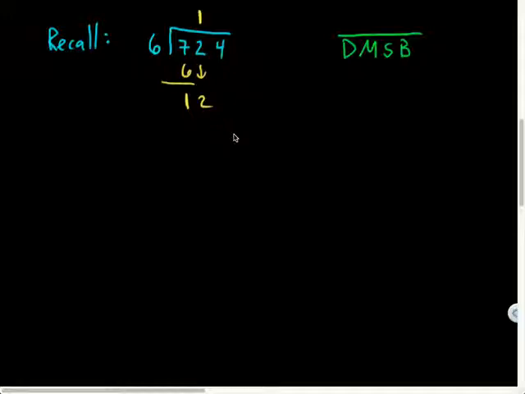So let's do it again. This time I'm going to figure out how many times 6 goes into 12. 2, twice. I write it one column over, because this is in that column. So that's divide. Next step, multiply. 6 times 2 is 12.